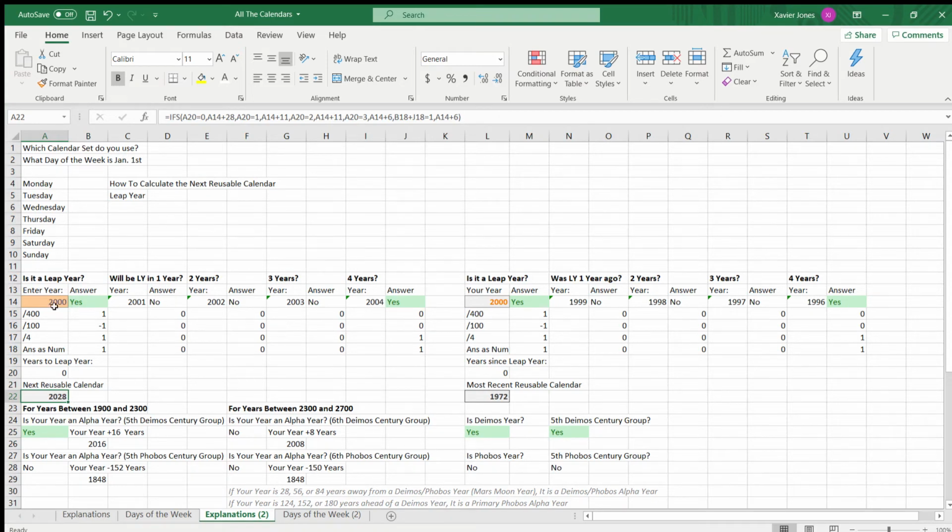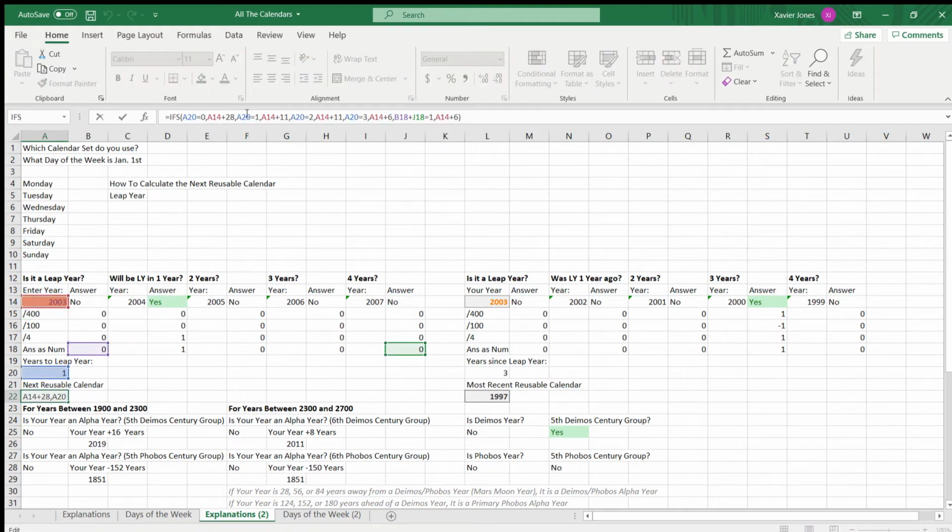If we are 1 year away, so in the case for 2003, we have this instance right here. A20 equals 1. A20 is how many years to our next leap year. If we are 1 year away, that means we're going to add 11 years to our current year, and that'll give us the next reusable calendar.